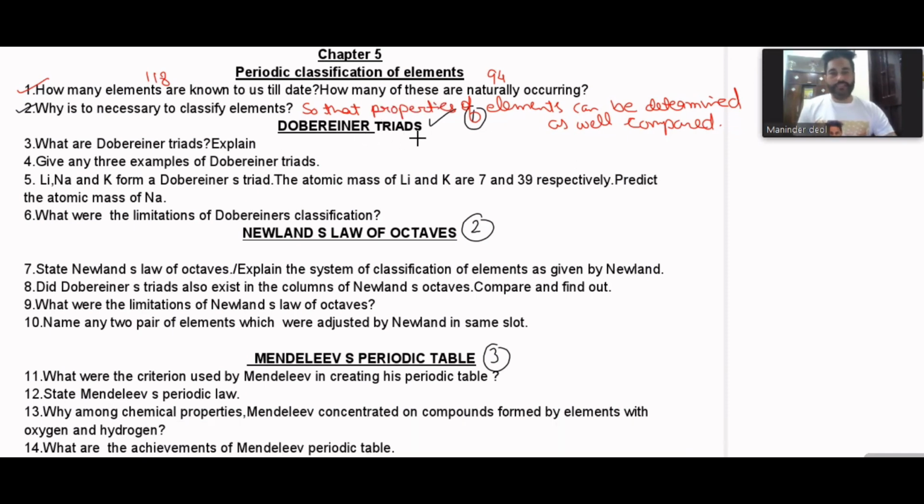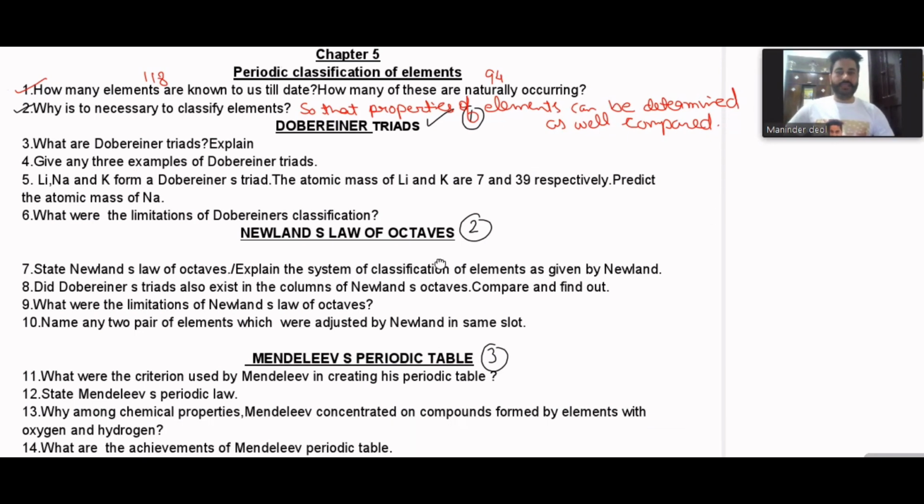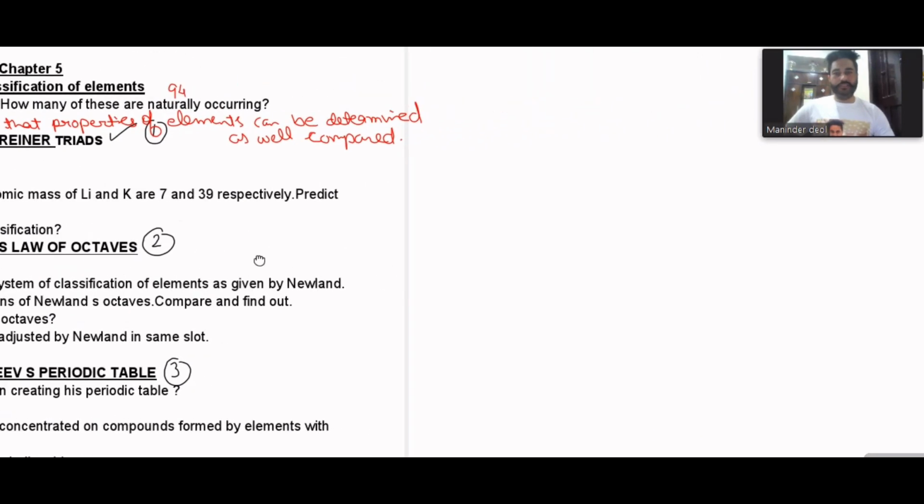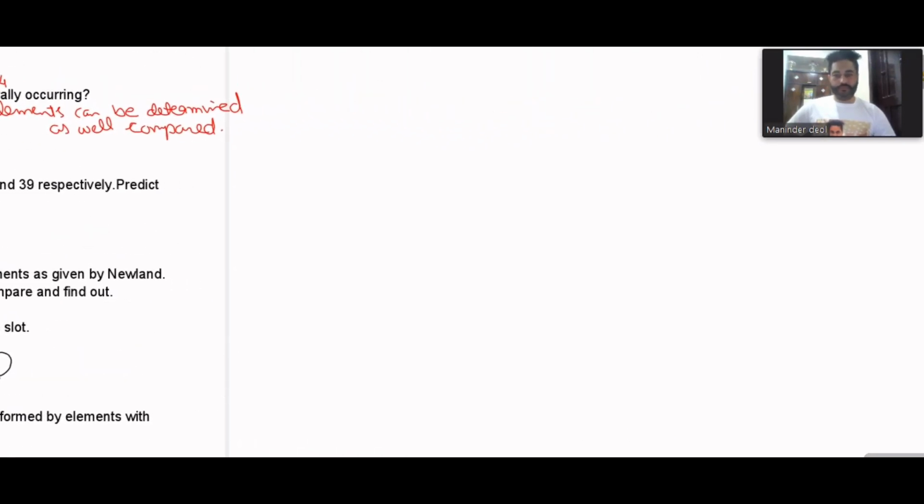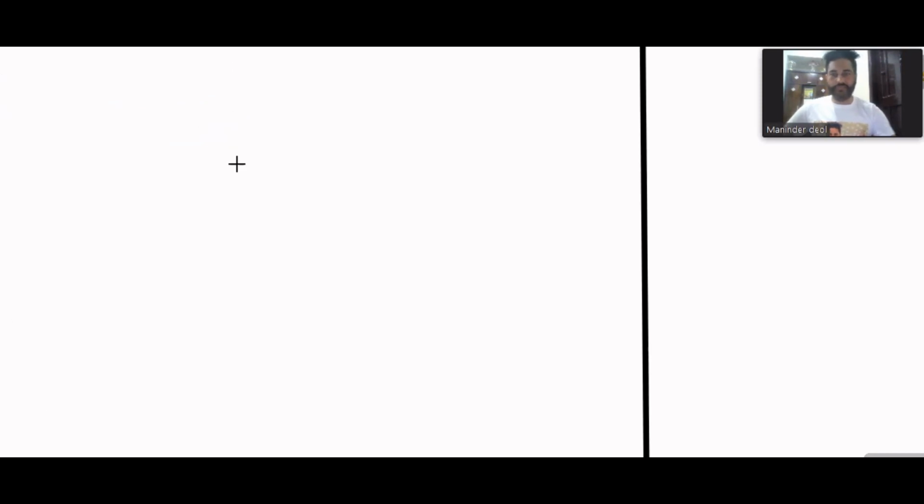Now the first scientist, Dobereiner's triads. Before doing the questions, let me explain what Dobereiner's triad is, then we'll come to these kinds of questions. We can take the next page.